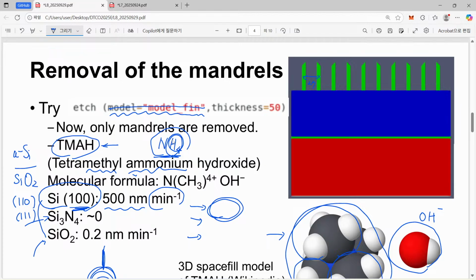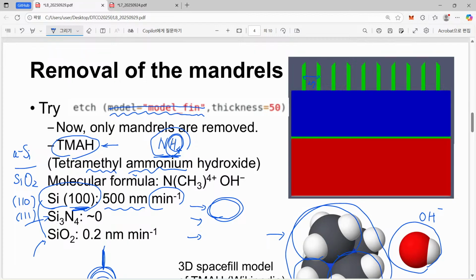Maybe in this lecture, I will repeatedly show you there is some way to selectively etch only silicon, or selectively etch only silicon dioxide, or selectively etch only silicon nitride. So it seems like magic.